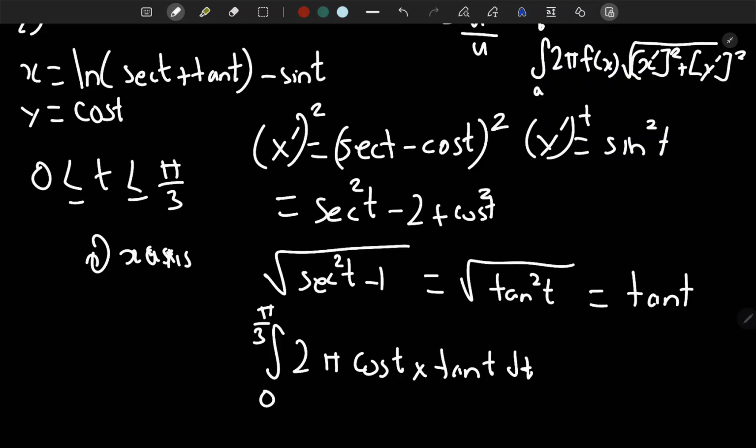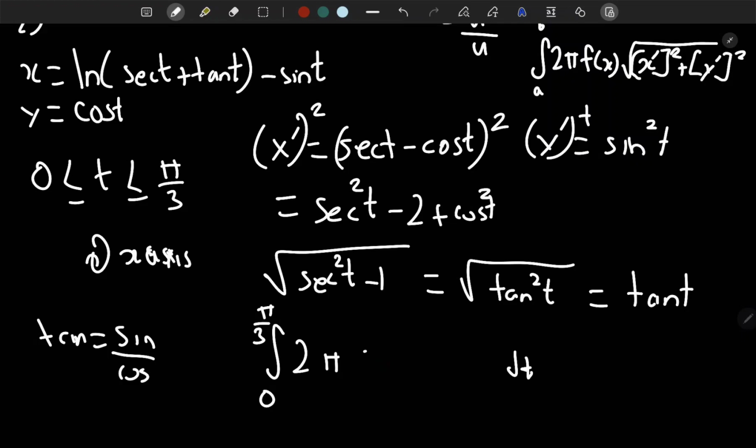Now again, what is tan t? Tan t is simply sine over cosine, right? So if we substitute, instead of tan t over here, sine over cosine, this is going to cancel out the cosine, and all we're going to be left with is just sine t.